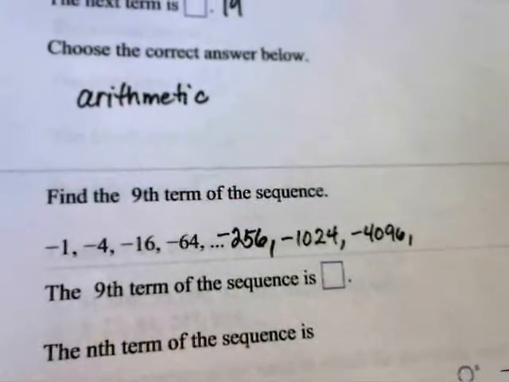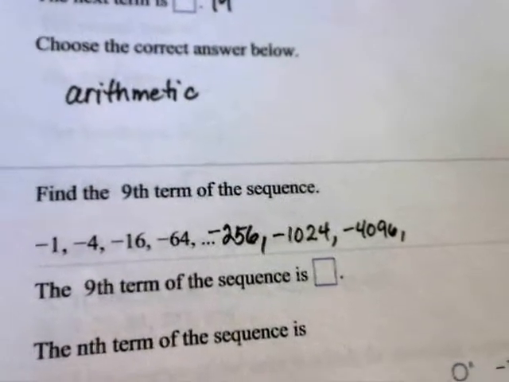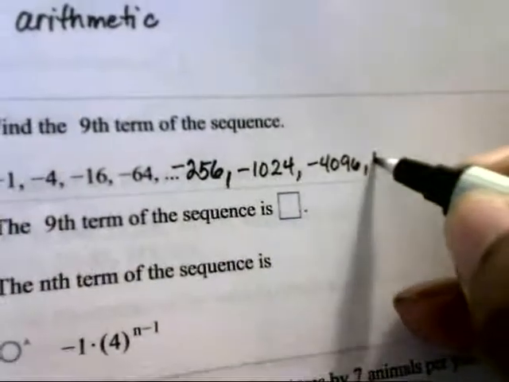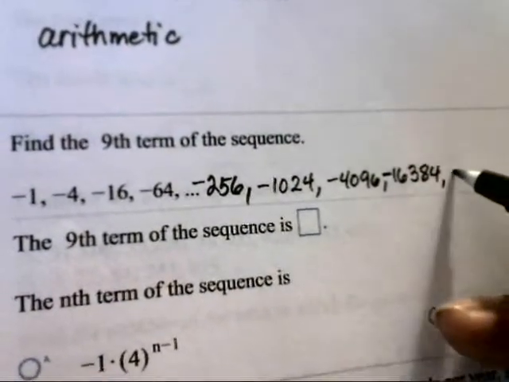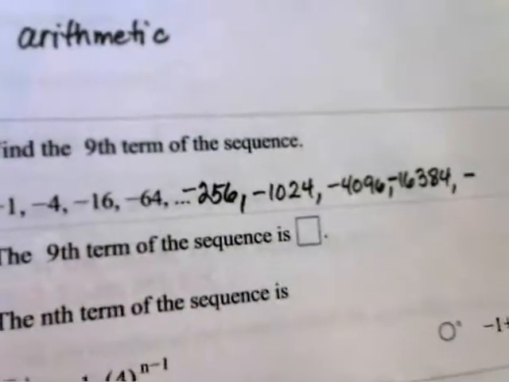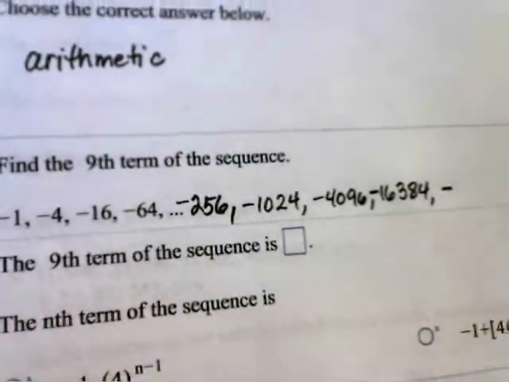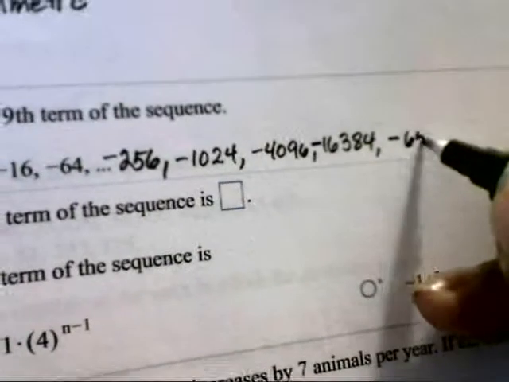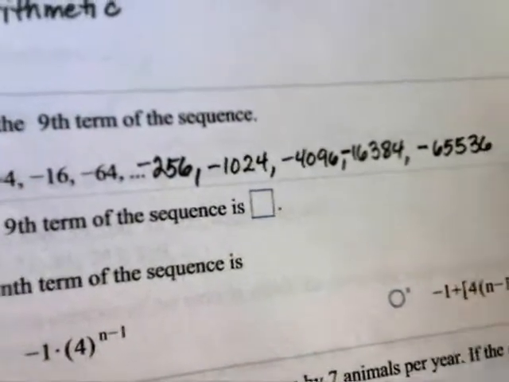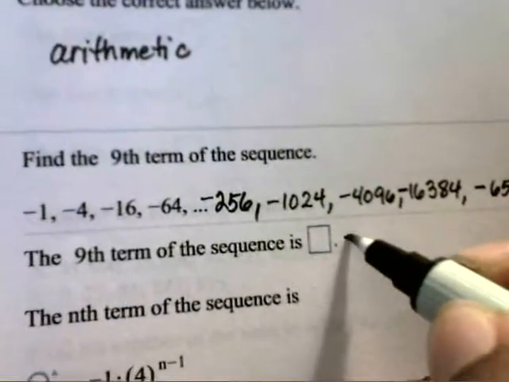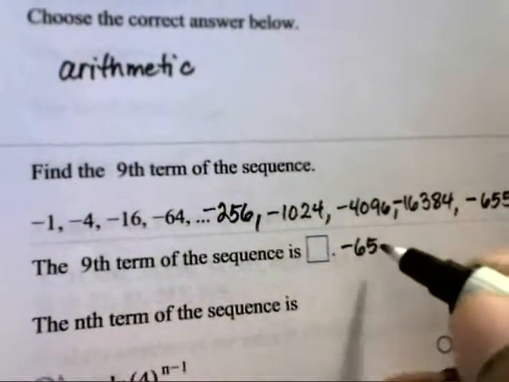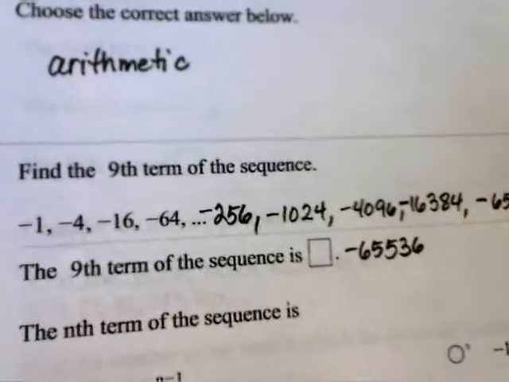The 8th term of that particular sequence would be -16,384. And then the 9th term, which is what we're trying to find, is -65,536. So that's the 9th term of this sequence, -65,536.